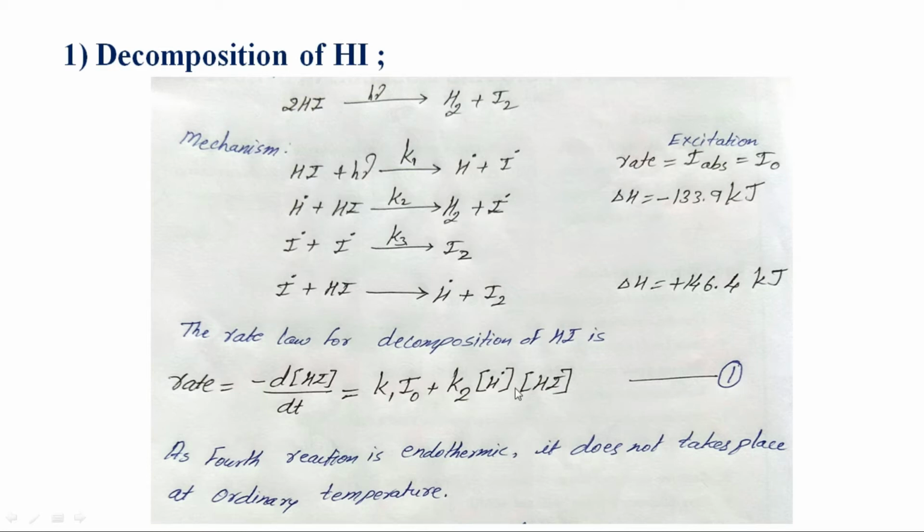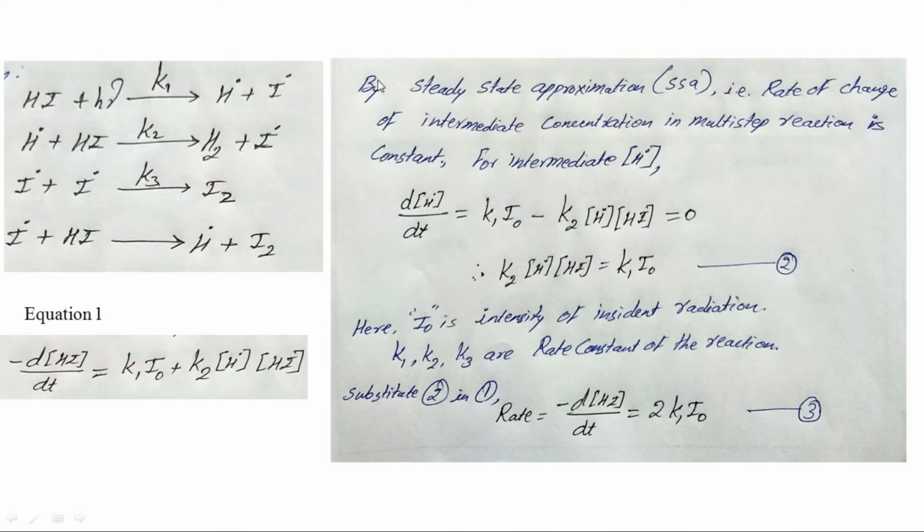As we can observe in equation 1, we are having hydrogen free radical. So using steady state principle, we will try to calculate hydrogen free radical. Now by steady state approximation, for an intermediate hydrogen radical concentration, we know that rate of intermediate is equal to 0. You can observe in a first step hydrogen free radical is formed, and in a second step that hydrogen free radical gets consumed.